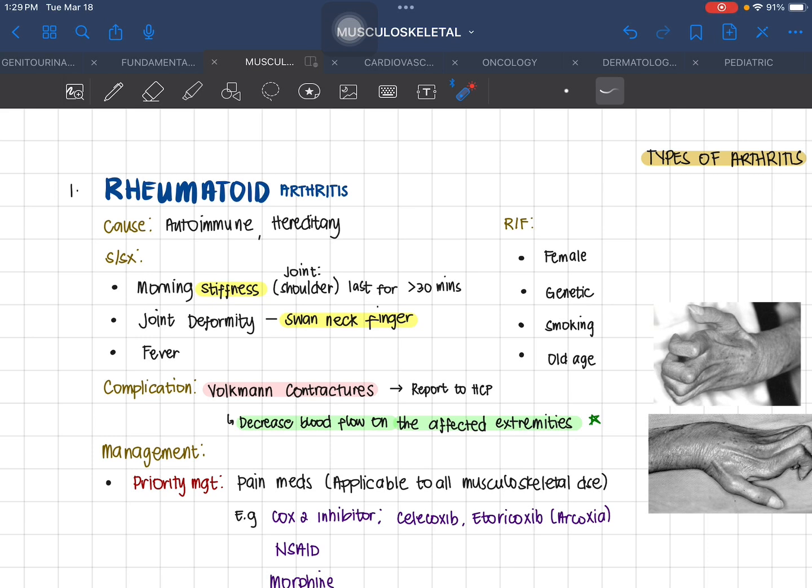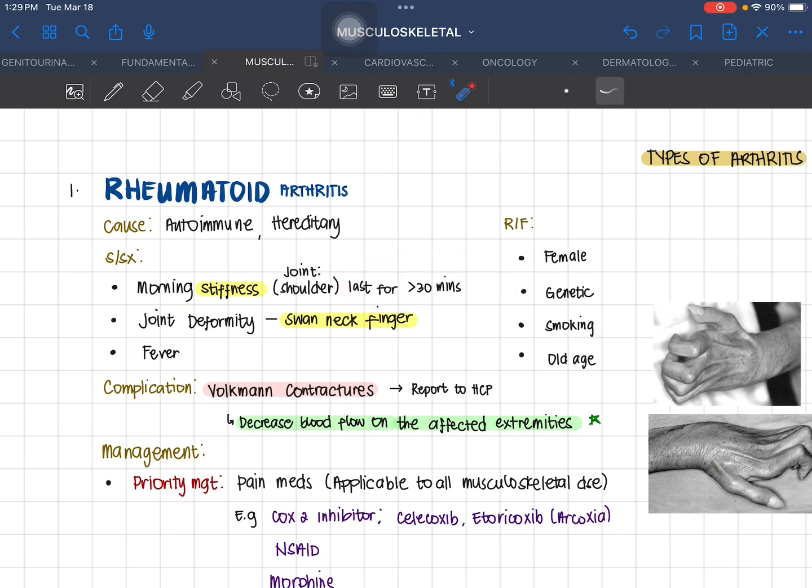Of course, yung morning stiffness. Tatandaan natin na ang patient na may rheumatoid arthritis ay nakakaranas ng morning joint stiffness, specifically sa joint sa shoulder natin na tumatagal ng more than 30 minutes.